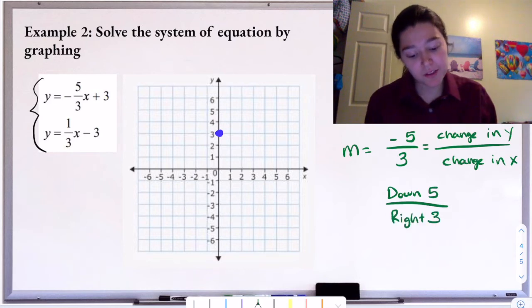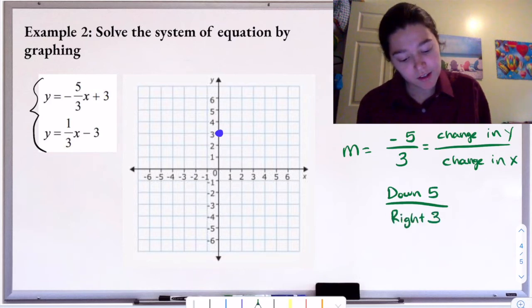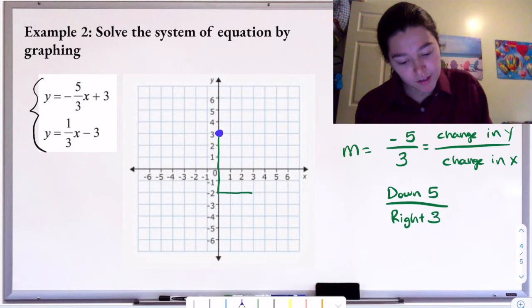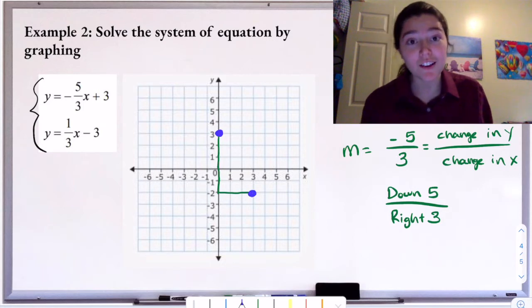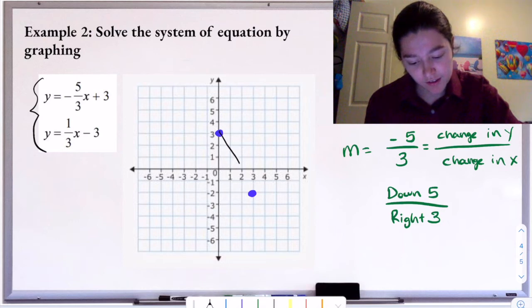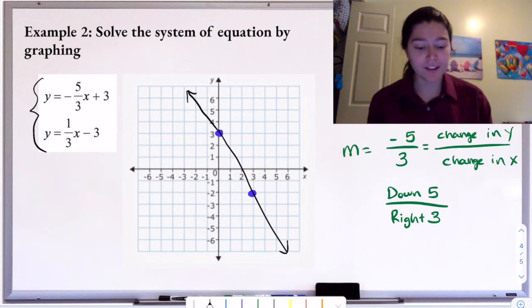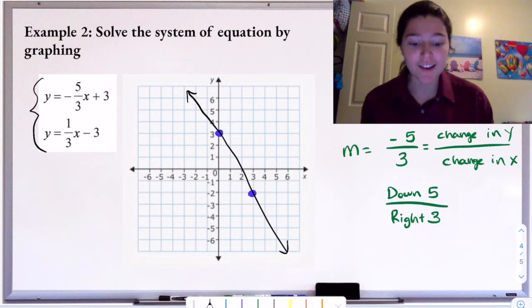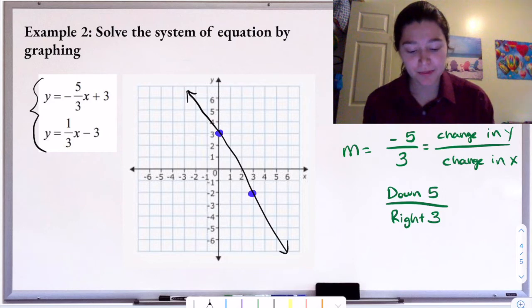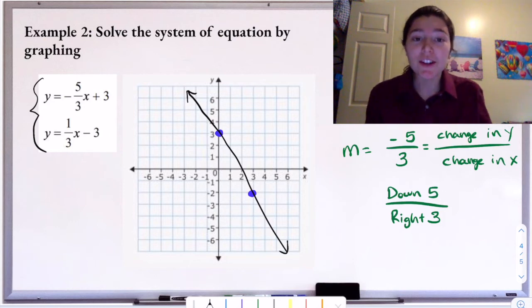Thus, from the point that I already plotted, I'm going to go down 1, 2, 3, 4, 5, right 1, 2, 3, and here is a second point along the line. And then I can connect them. Okay, that's my first line. Ideally, we have a ruler, but best we can do for the moment. So that's me graphing the first line.